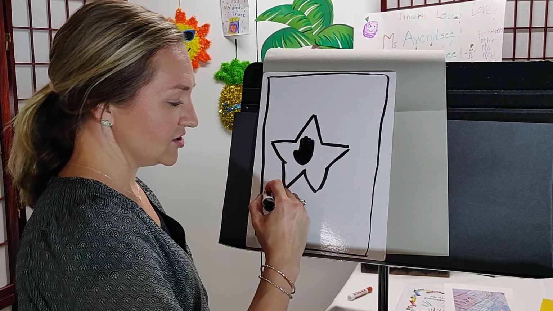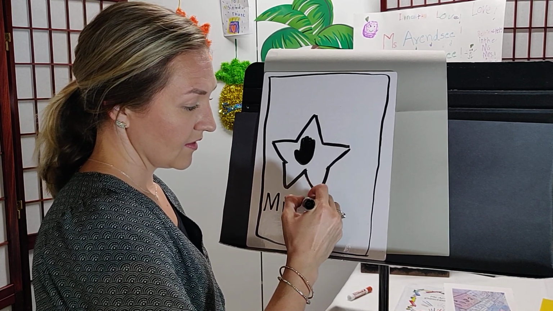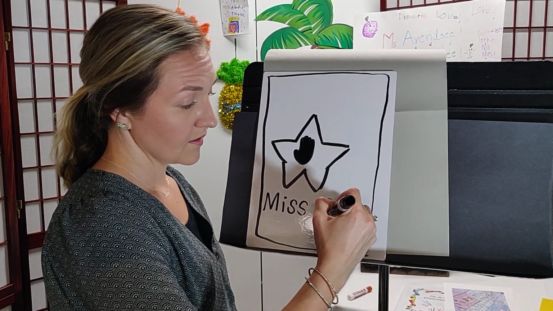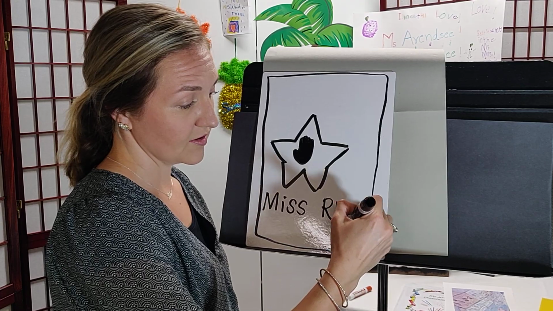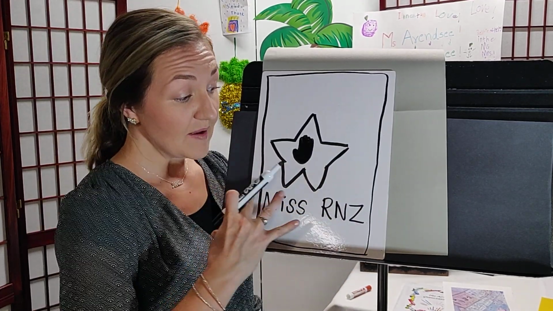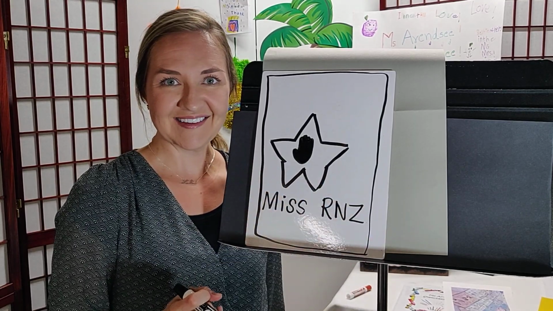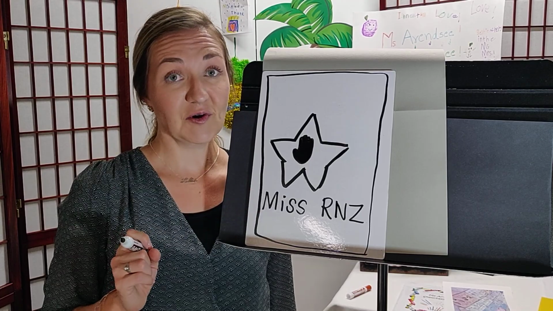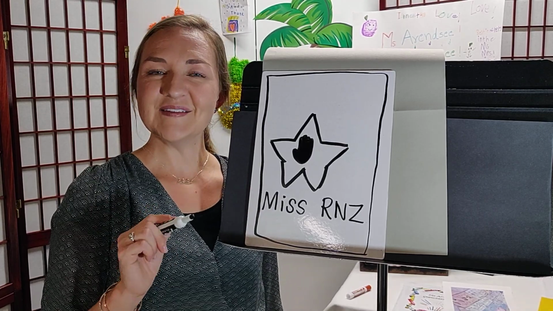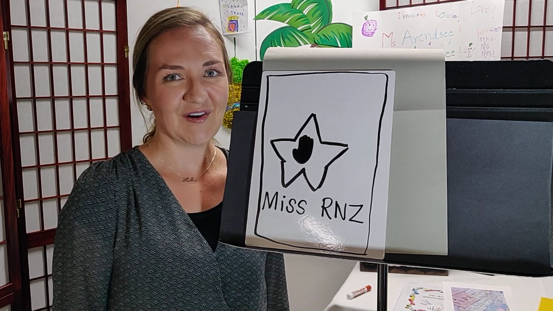For example, if I were to do mine, I would make it really big here along the bottom. Well, I don't have space for all the letters of my name, but I'll just write it like this. I would make it nice and big so it looks just like that sidewalk where people can easily read it. And then you've created your own very special version of the Hollywood Walk of Fame, because you have done such great work in first grade that you are getting recognized for all that you have done.